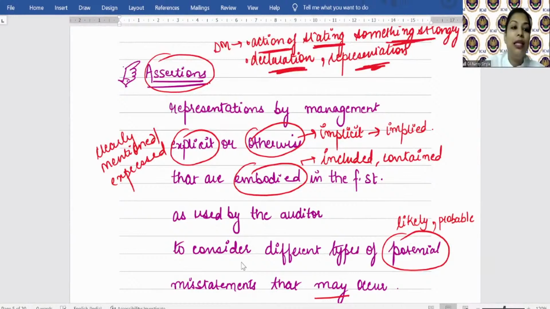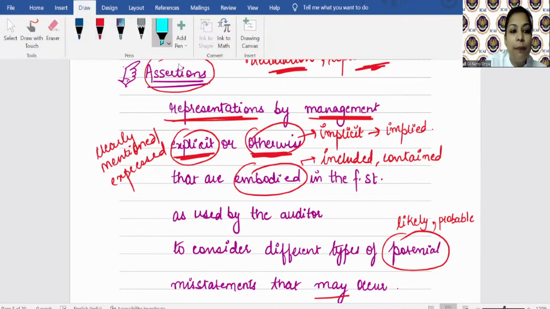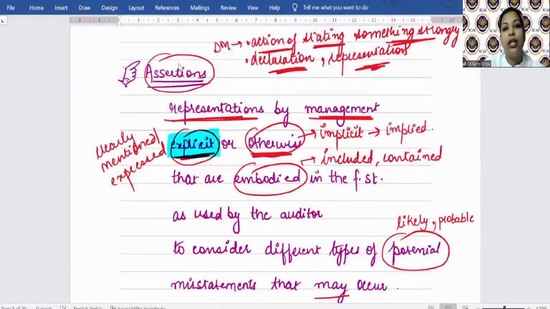So these are the representations by management, explicit or otherwise. What is meant by the term explicit? Clearly mentioned, expressed. Or otherwise is what? Opposite of explicit, which is what? Implicit, implied.